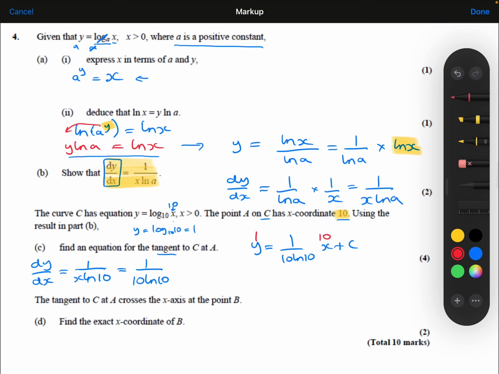So let's substitute those into my equation. So 1 equals 1 over 10 ln 10 times 10 plus c. We can see the 10s here are going to cancel out. And let me rewrite this so it's a bit clearer.